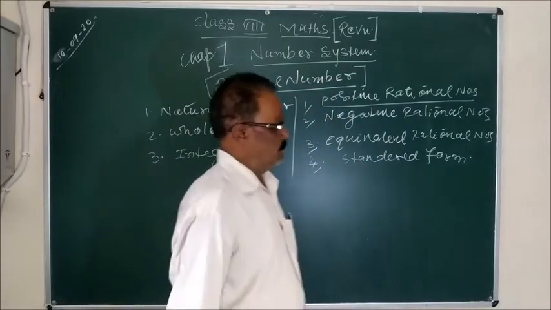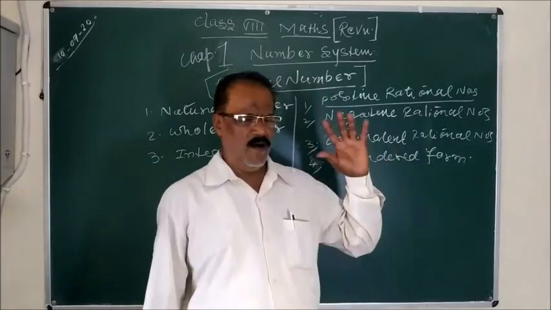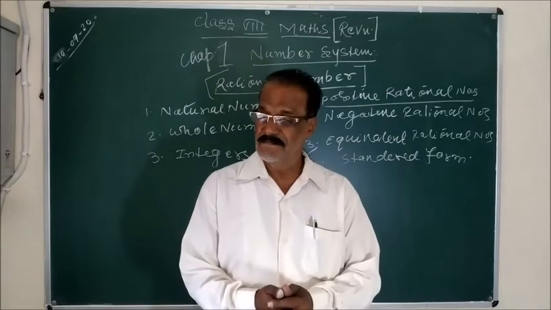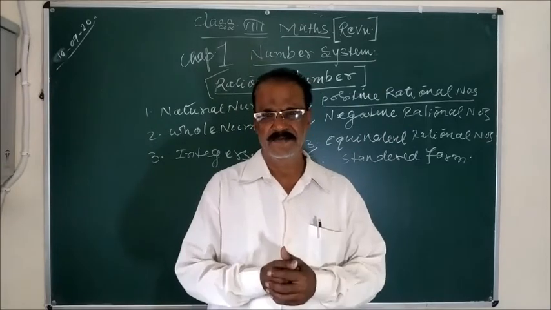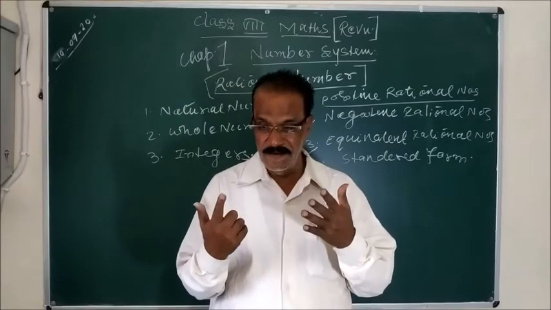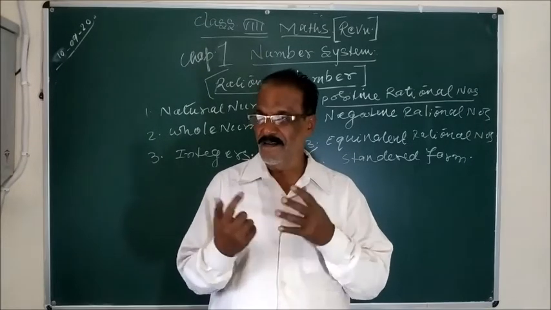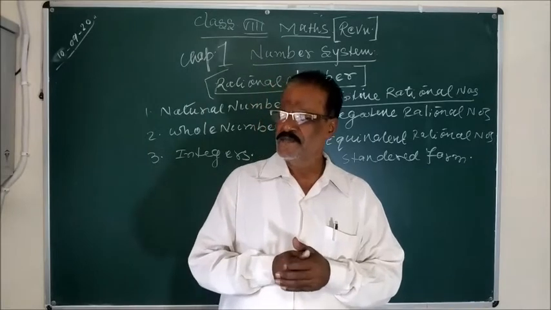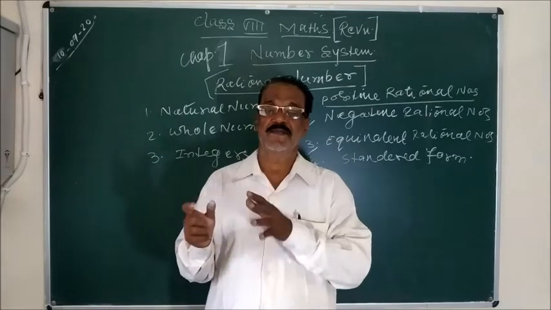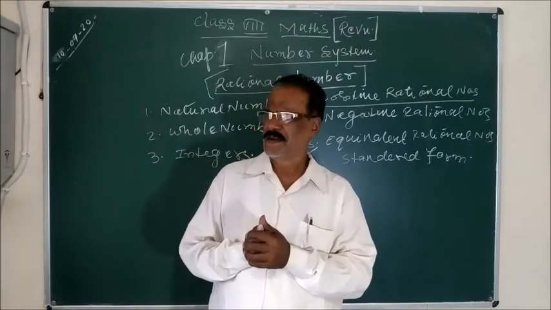Natural numbers: all the counting numbers, whatever you have learned in lower class, in class KG or class 1, you start counting from 1, 2, 3, 4, and so on.